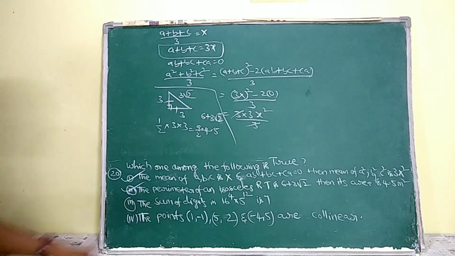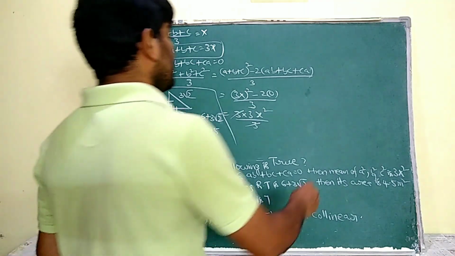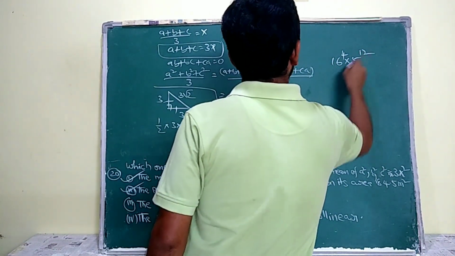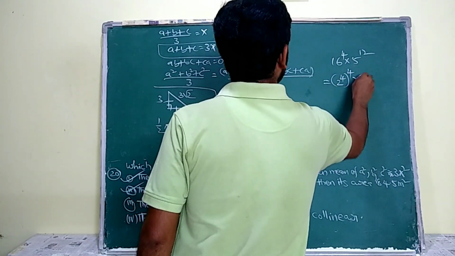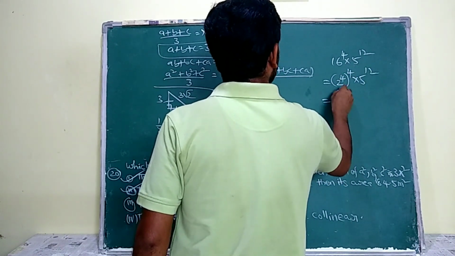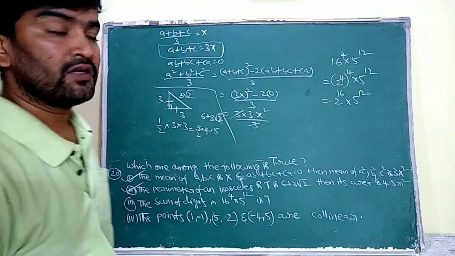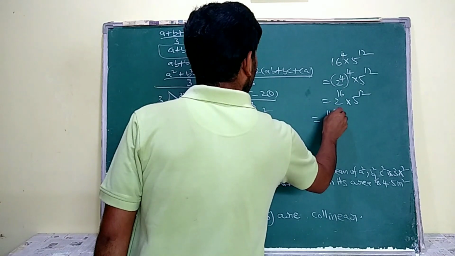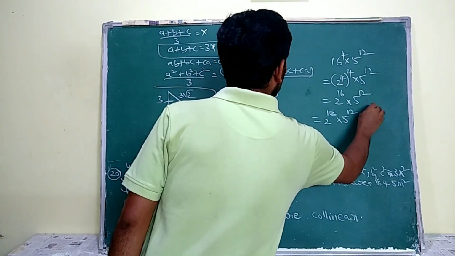Sum of the digits in 16 power of 4 into 5 power of 12. Firstly you have to prime factorize this one. That is 2 power of 16 into 5 power of 12. 2 power of 16 means I am going to write 2 power of 12 into 5 power of 12 into 2 power of 4.